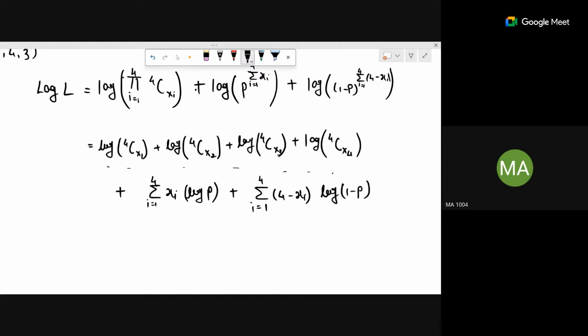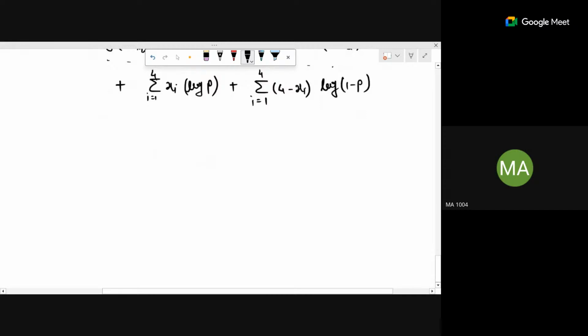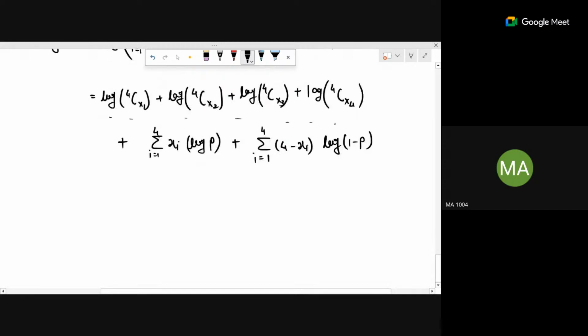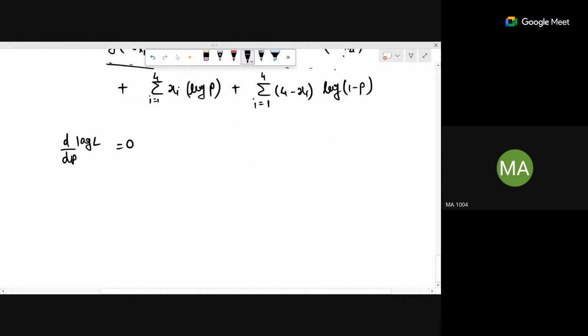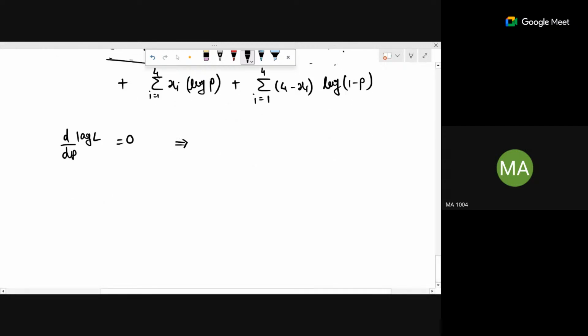Now, once you find the log likelihood function, to maximize it we differentiate with respect to p and equate to 0. When you differentiate this equation with respect to p, this will become 0 because it's a constant term, again 0, 0. So what remains is this term: the constant outside, summation i equal to 1 to 4 of xi, log p, and the differentiation of log p is 1 by p.